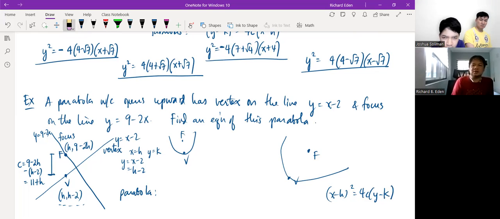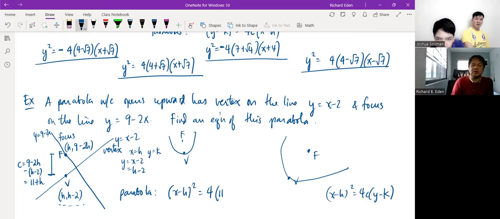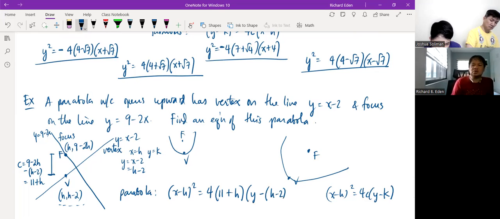So unahin natin x minus quantity h squared equals 4, and then c is 11 plus h, and then y minus k, which is h minus 2.